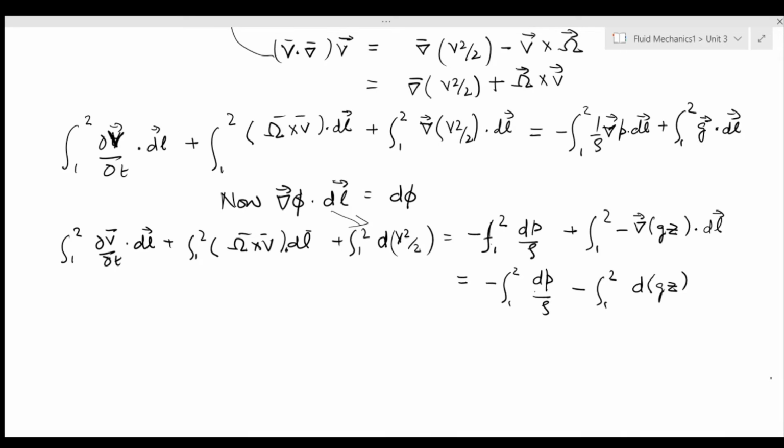This can be further modified and we would get our final form, and you would see the beauty of it.